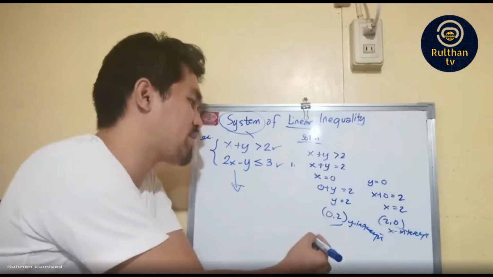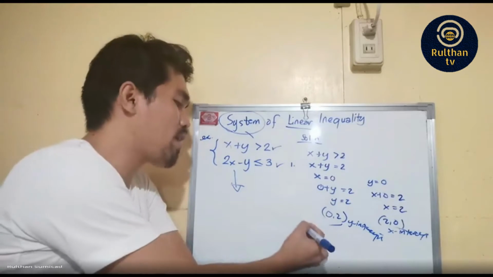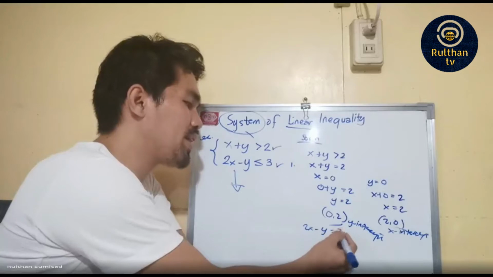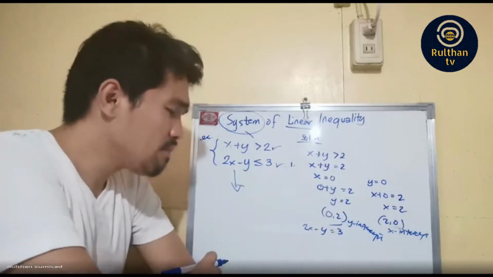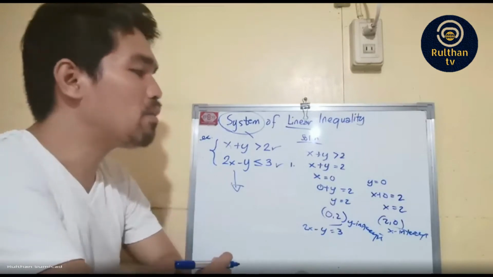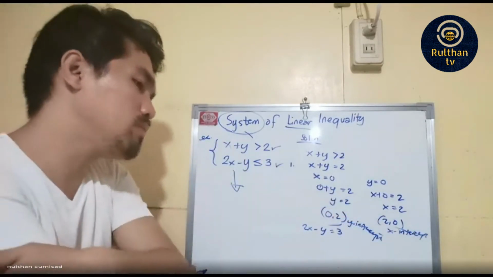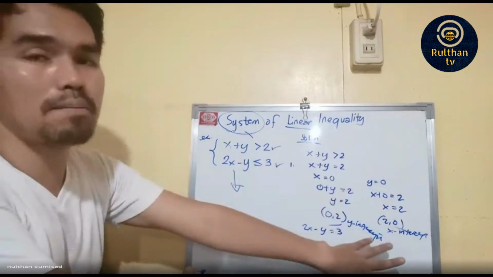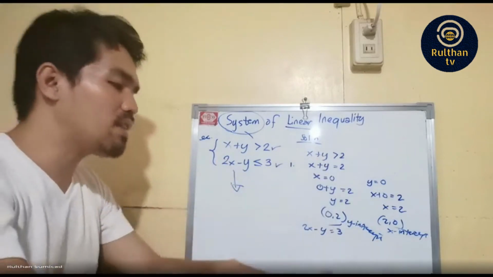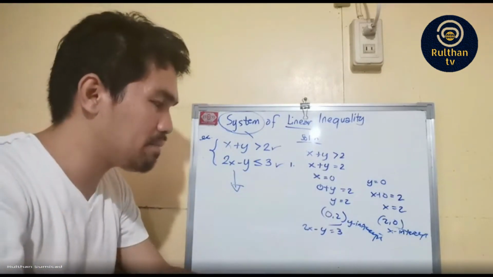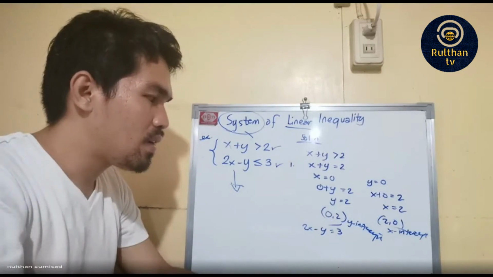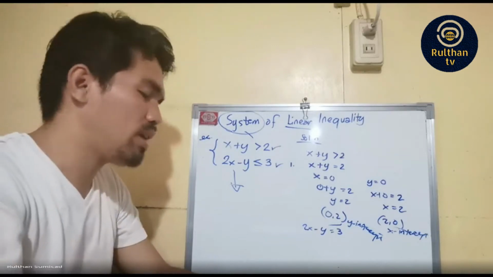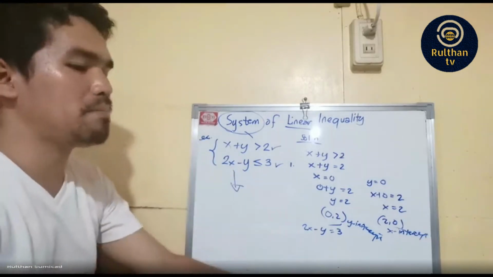So let's take a look at the second. We have 2x minus y equals 3, making this into an equation. By the way, these are called the intercepts, but this time I'm going to use values that are not intercepts, because if I use the intercept, I'll have a non-whole number value, and it will be difficult to graph if I use a fraction.